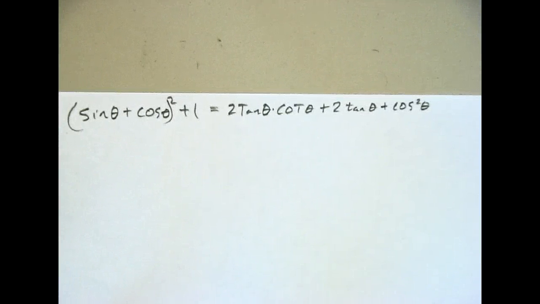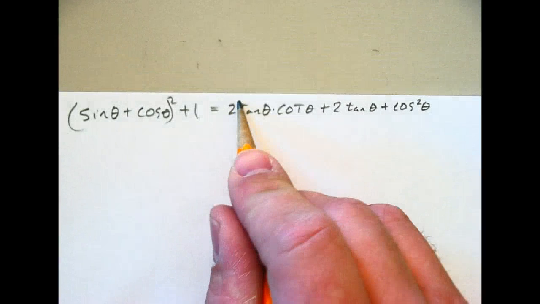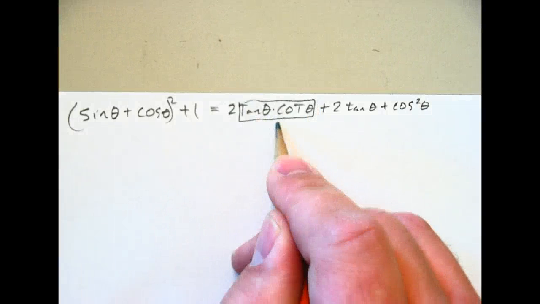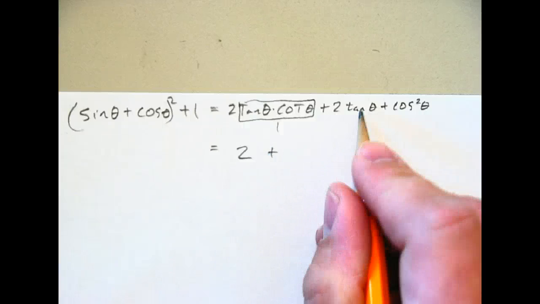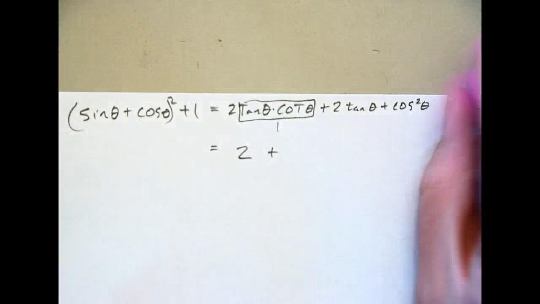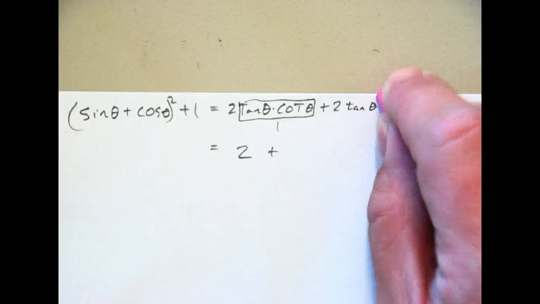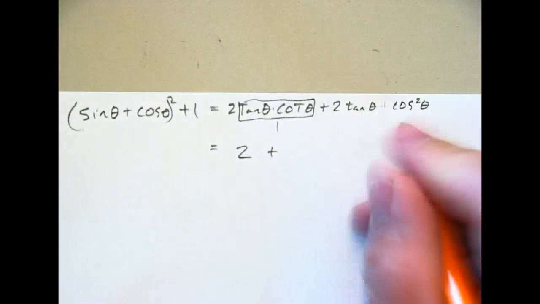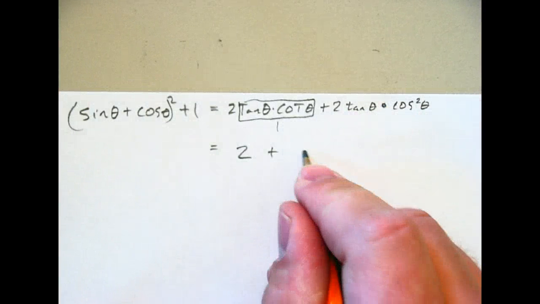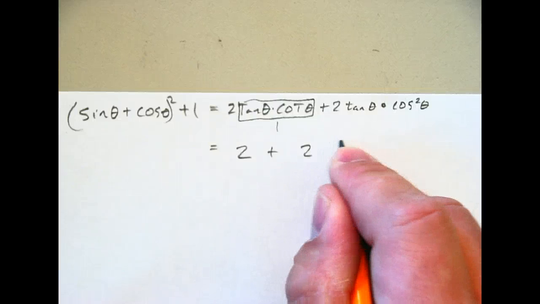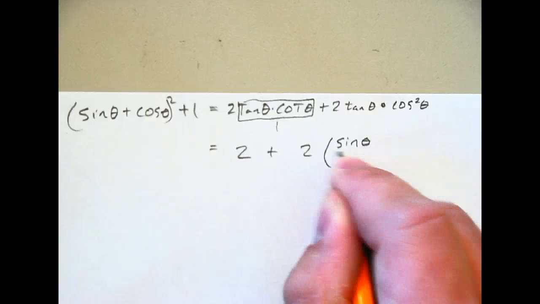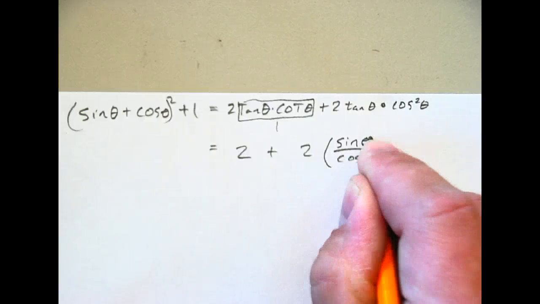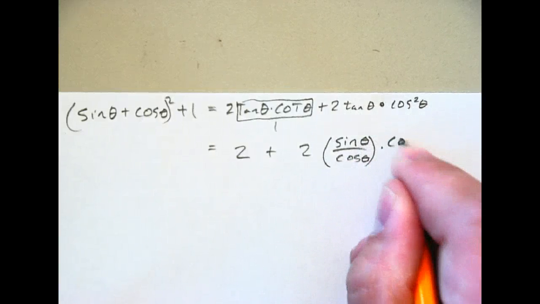And so from that one, I now can look at that. That gives me a 1. So from that piece, I get 2 plus 2 tan theta times cos squared. 2 times tan, I'm going to change tangent to sine over cosine, because I know that I'll be able to cancel a cosine.